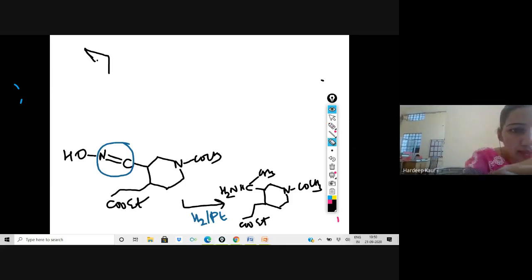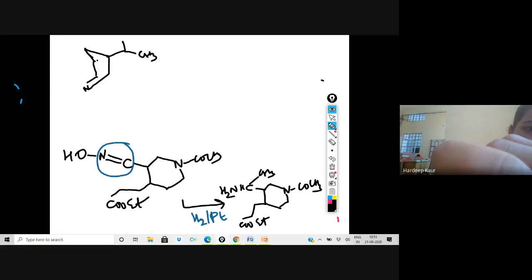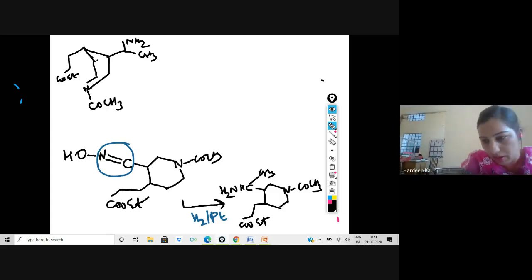Both forms can be written for the 6-member ring. Okay, so this is the boat form. Here we have CH3 and NH2. Okay, and here we have CH2, CH2, COO ethyl. Okay, and N is acetylated, so we can write this as NCOCH3.